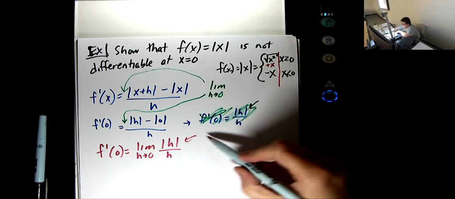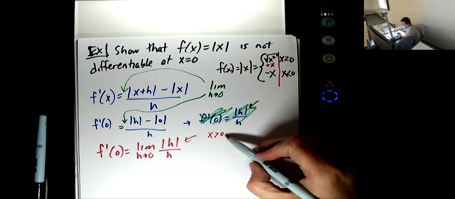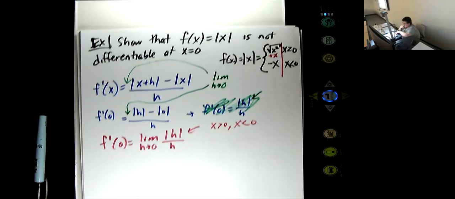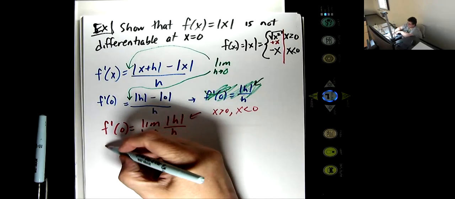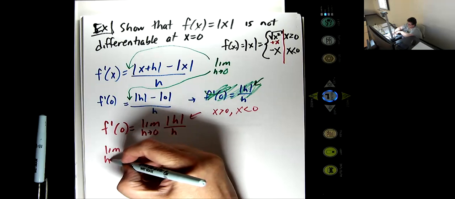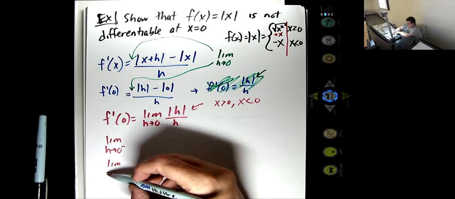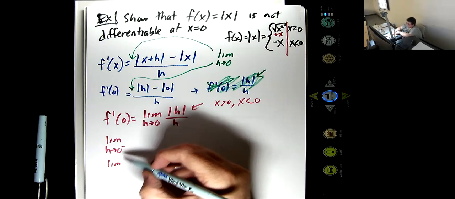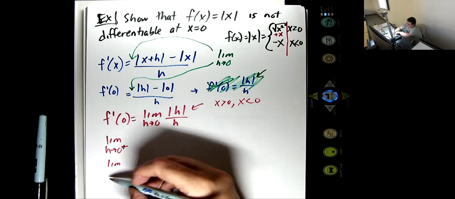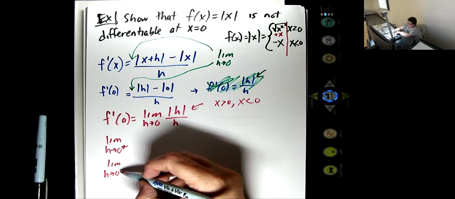Now this is different for h greater than 0 and h less than 0. So let's look at the limit as h goes to 0 positive, and the limit as h goes to 0 negative. I said positive, I meant negative, but I'll put positive there since I said it first.